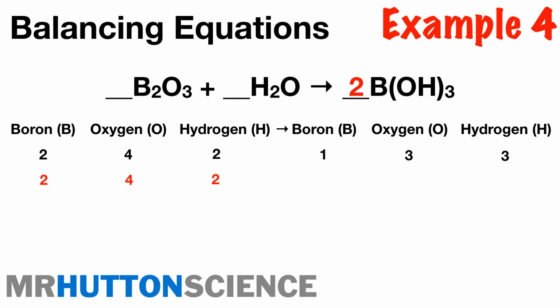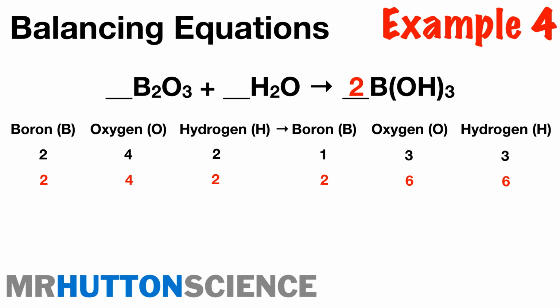But on the right now we've got 2 borons, and remember everything, we've got 2 lots of everything, so it's 2 lots of boron hydroxide. So everything's going to be doubled now. So we've got 6 oxygens and 6 hydrogens. Okay, and as you can see, that's completely out of balance with the reactant side now, the left hand side.